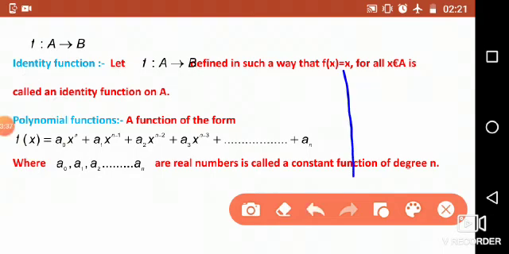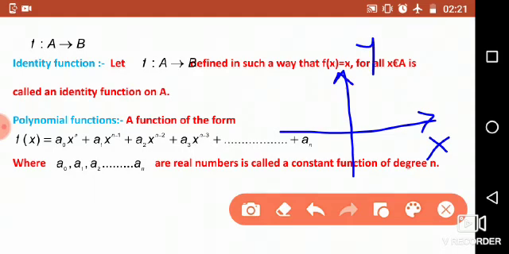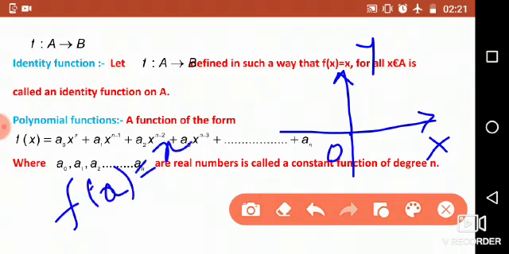Let me consider the x-axis and y-axis. O is the point of intersection. The function is defined as f of x is equal to x. X is the domain and its image is y.